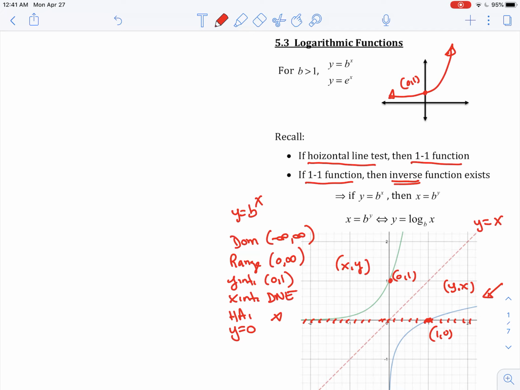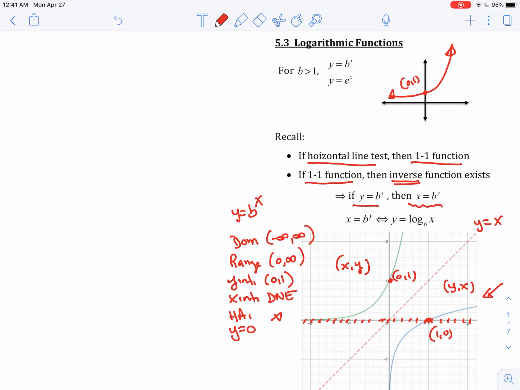And recall, to find the equation for our inverse, if our exponential was y equals b to the x, then to find the inverse, we just switch our x and y variables. X's become y's, y's become x's. So initially, our inverse equation would just be x equals b to the y.